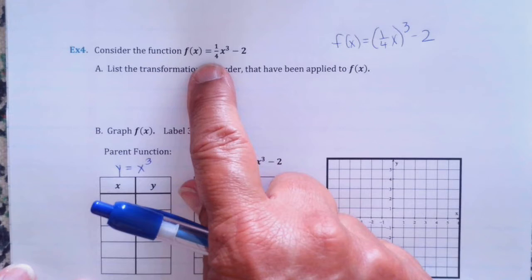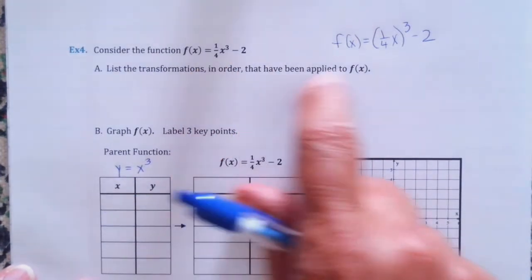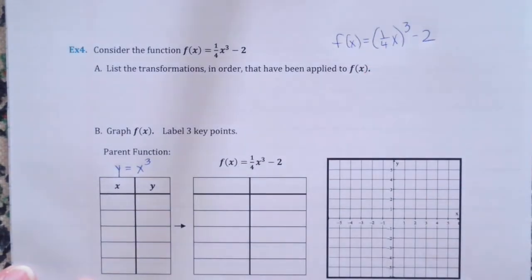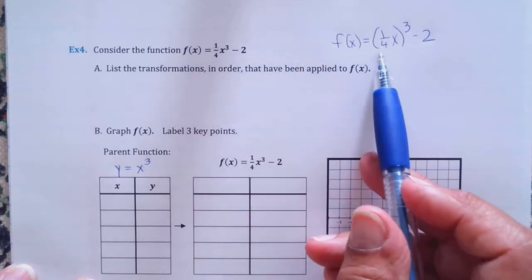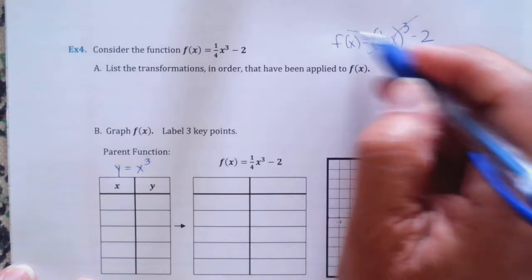This 1/4 is not inside with x, so this affects y, and so does that -2. So when I say it has to be inside with x, there has to be either parentheses or absolute value signs, something that is kind of keeping it together with x. So these are not the same. These are two totally different problems. Okay? This one affects x, this one does not. So that's not the one we're doing right now.